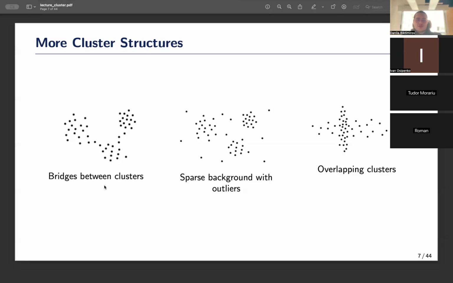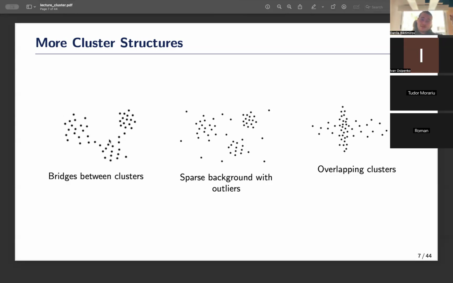For example, different research fields may have a few interdisciplinary studies that act as bridges between them. If we have computer science, maths, and physics, they have small connections between them.